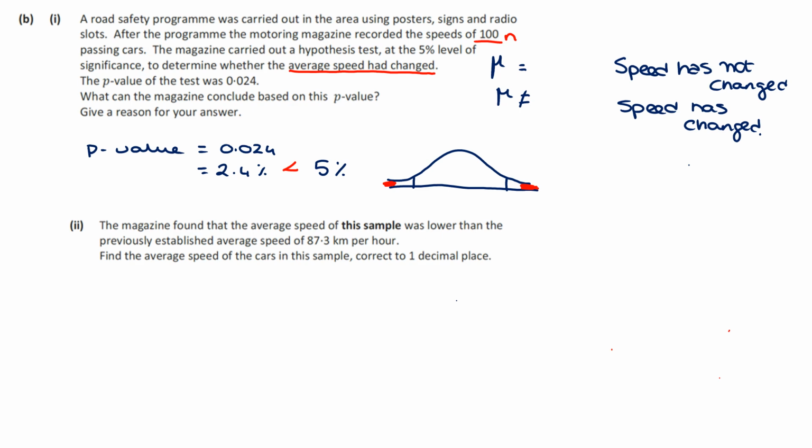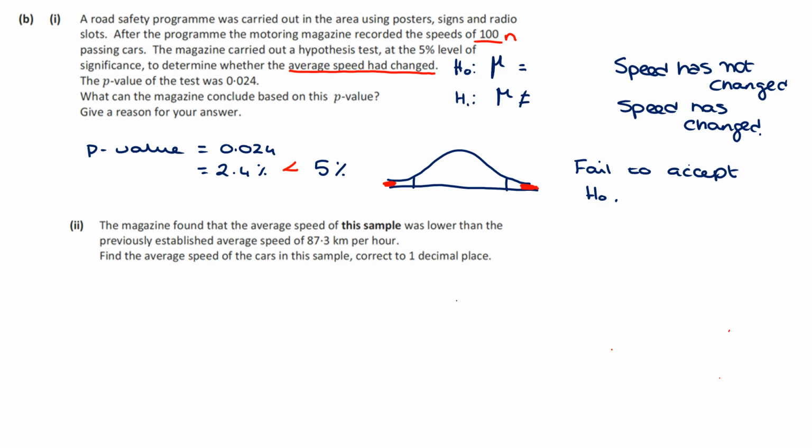So actually these are in the tails. So that means that we're in the rejection area. So we would reject, or we would fail to accept H0. I forgot to put in my H0, and that's H1. So fail to accept H0. That would mean that the speeds have changed.